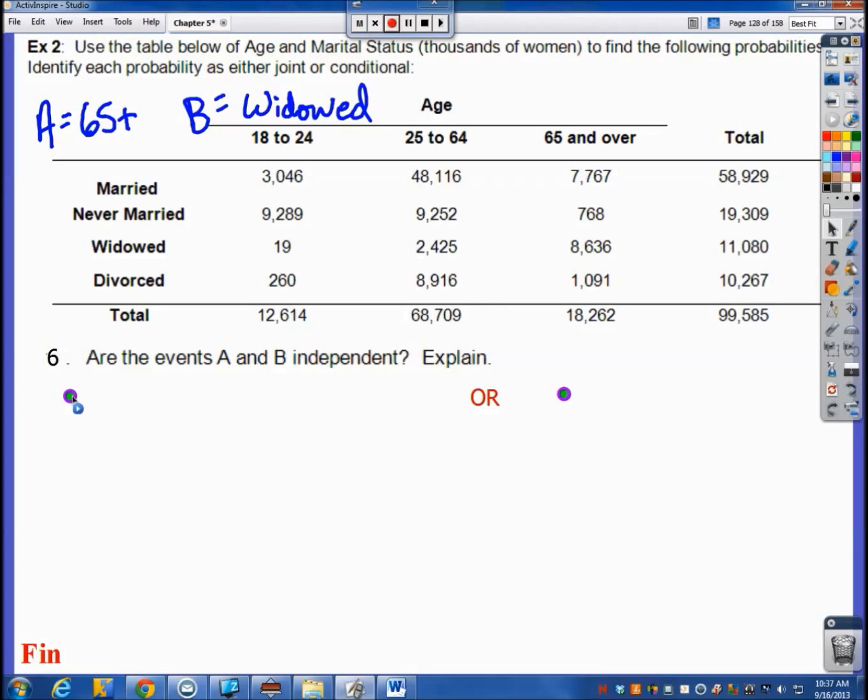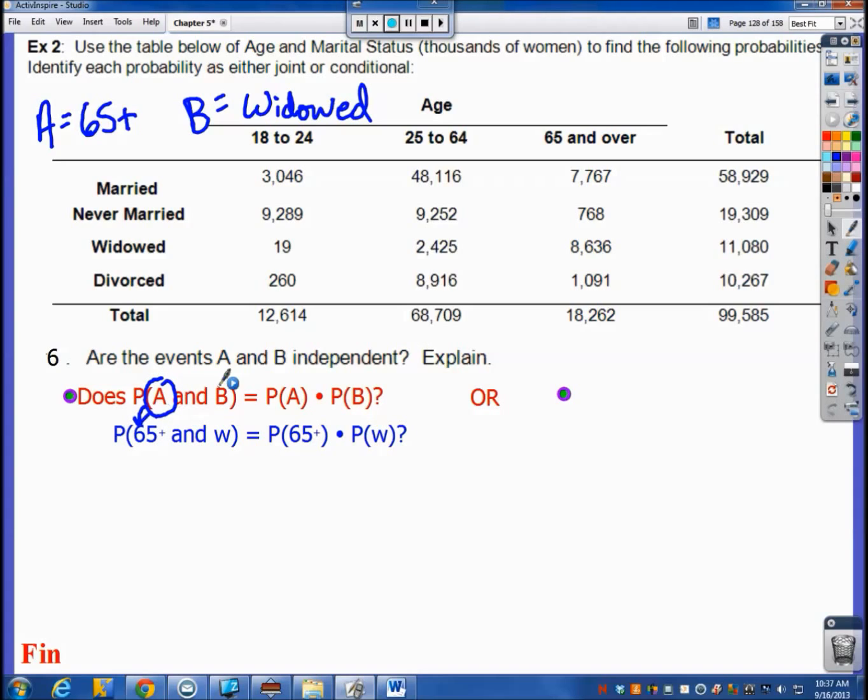And there's two ways to do that. Number 1, is the probability of both events happening equal to their individual probabilities multiplied together? Well, let's look. A means they're 65 and older. B means that they are widowed, I'm just going to say W there. Is that equal to the product of their individual probabilities?